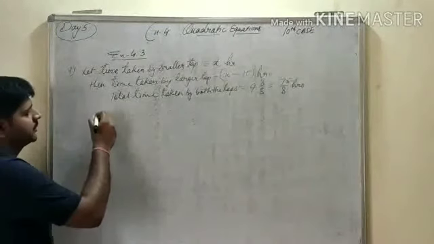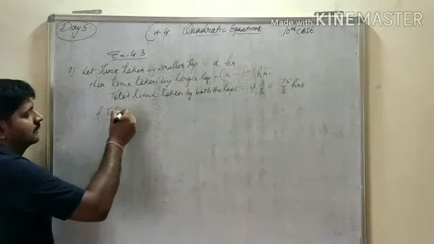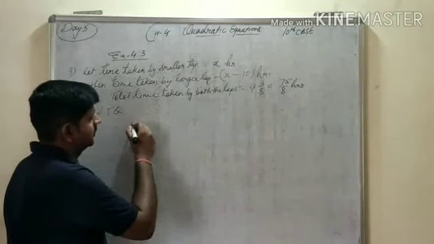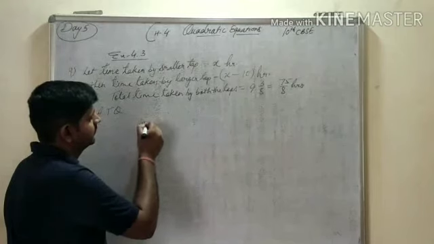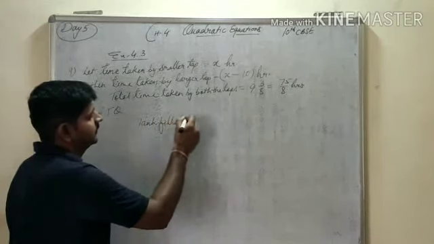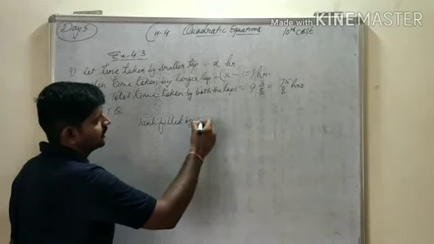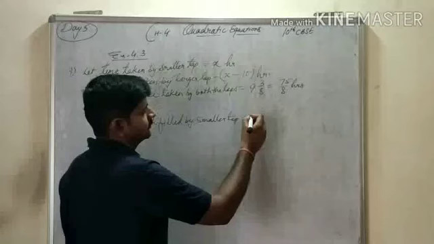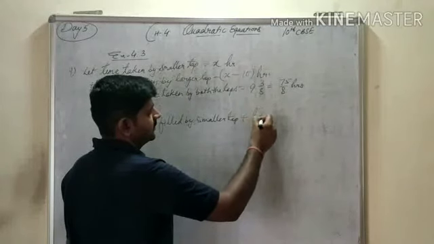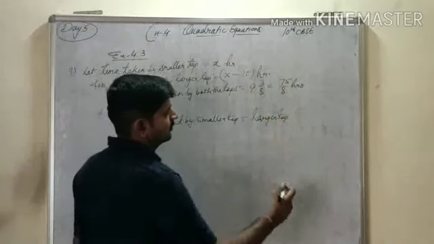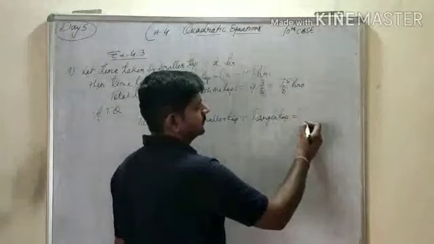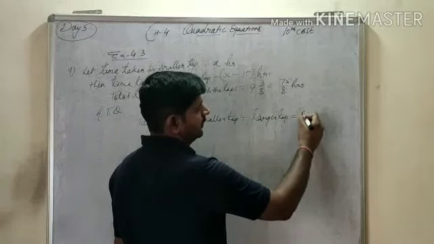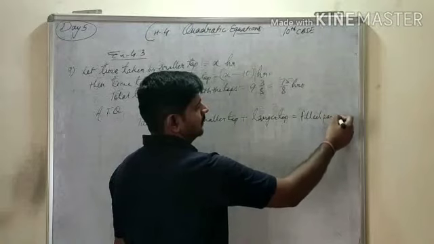So according to the question, tank filled by smaller tap plus larger tap equals the part filled in 1 hour.